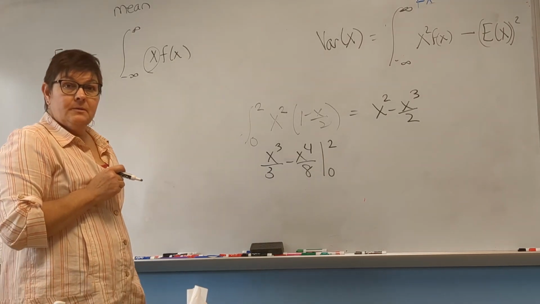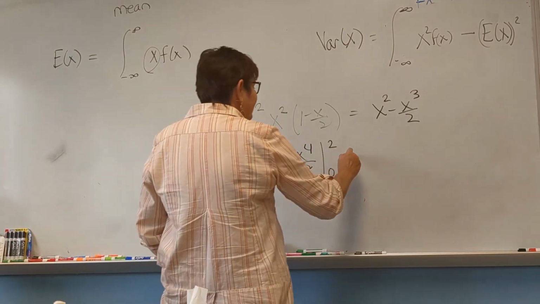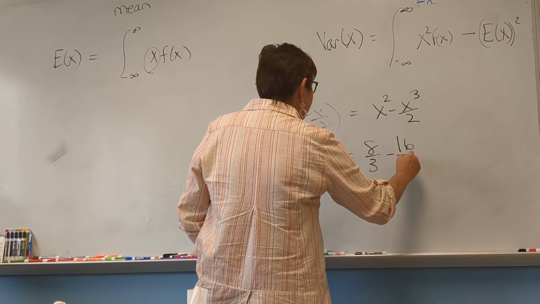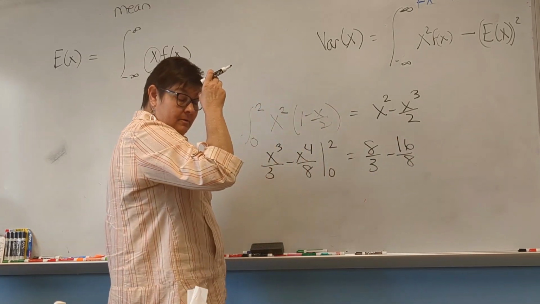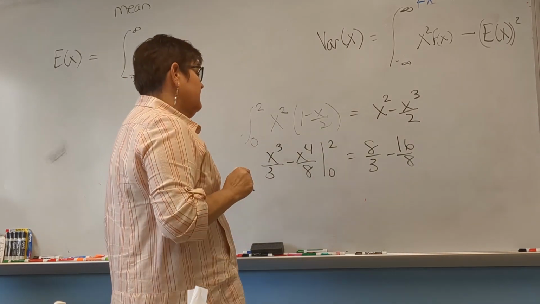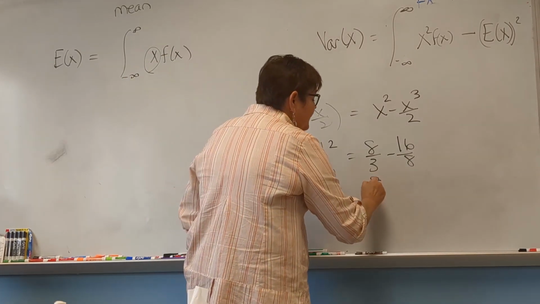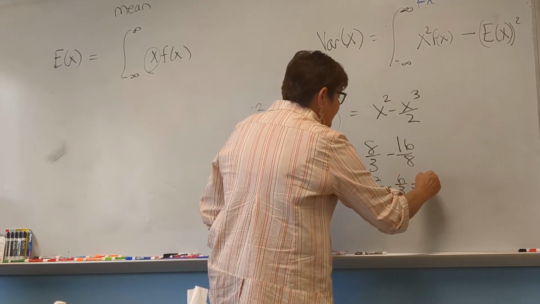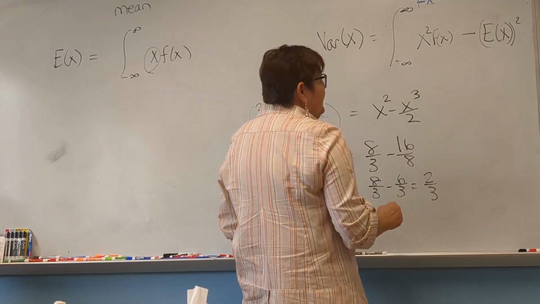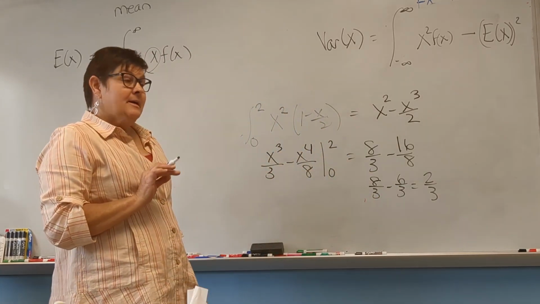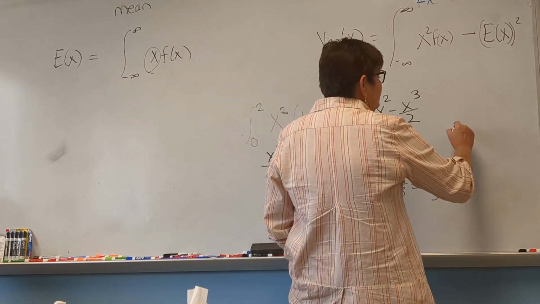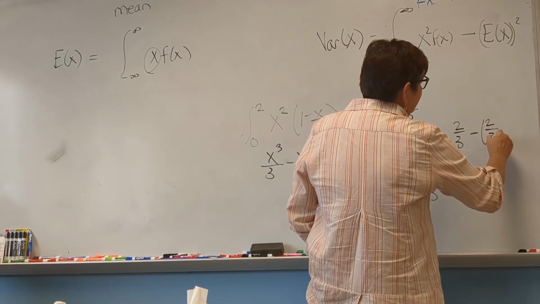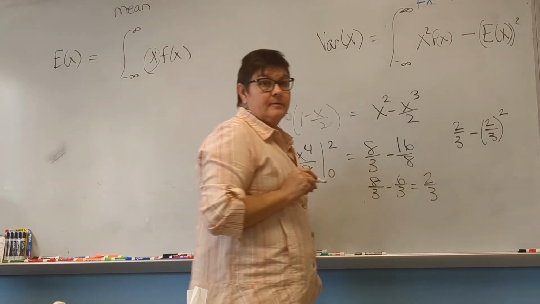Are we cool? So we have 8 thirds minus 16/8, basically minus 0. So 8 thirds minus 2, which is 2 thirds. And now that I have that done, I'm going to do 2 thirds minus the mean squared, which was 2 thirds squared.